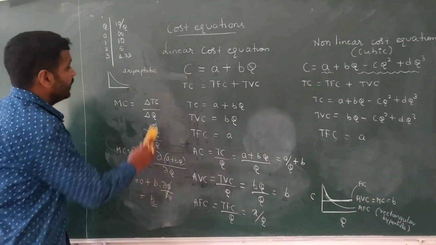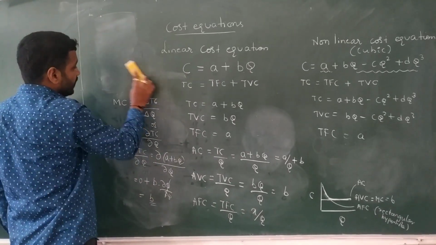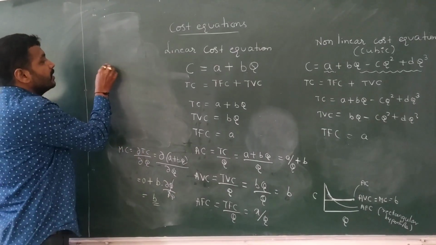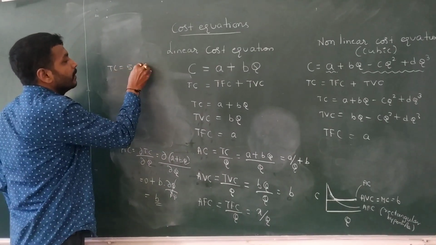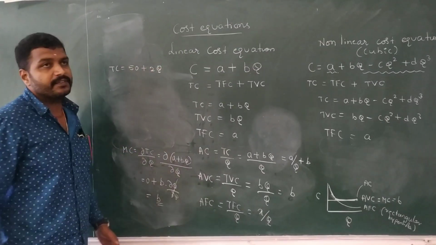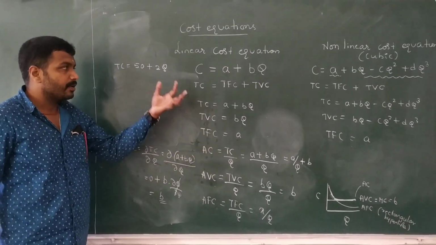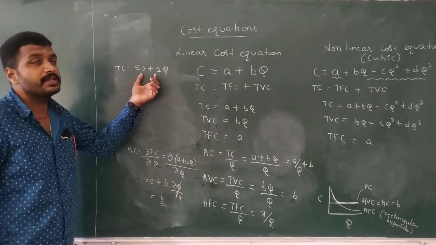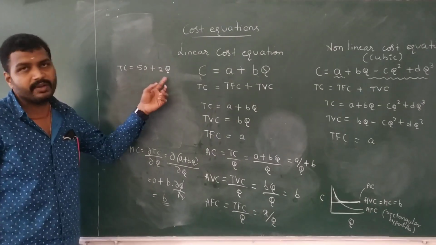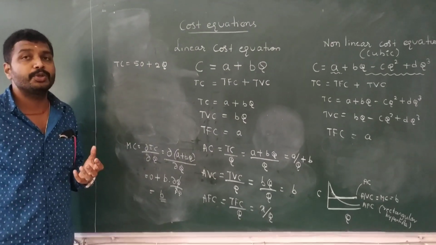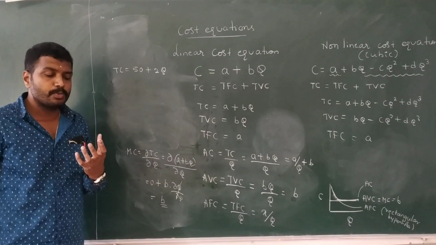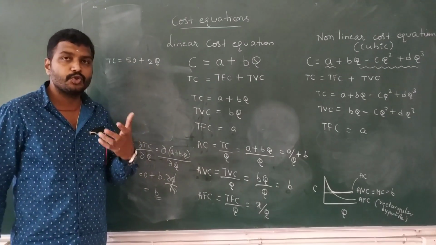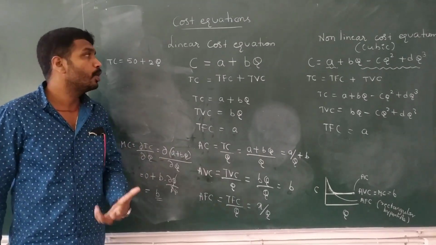And in examination, supposing they ask you TC is equal to 50 plus 2Q. Supposing instead of giving this particular general expression of linear cost equation, they explicitly make a mention of A and B coefficient, then you must be in a position to answer the value of AFC, the value of AVC, everything you need to know.